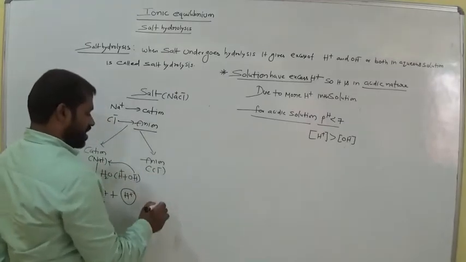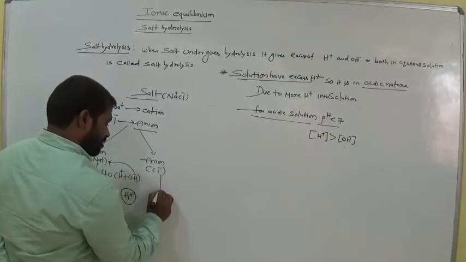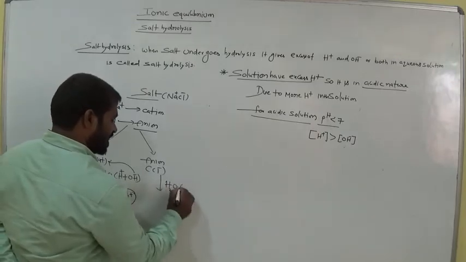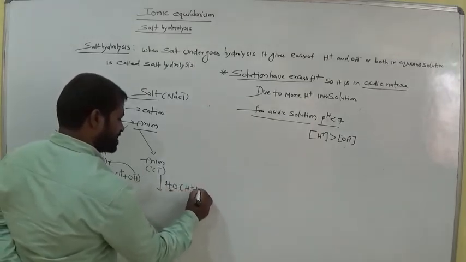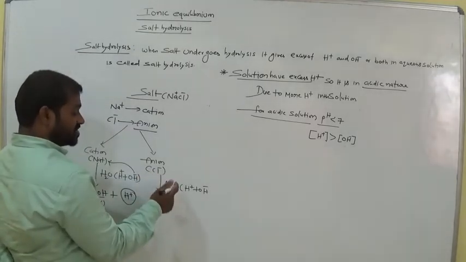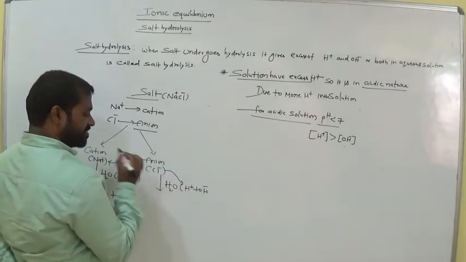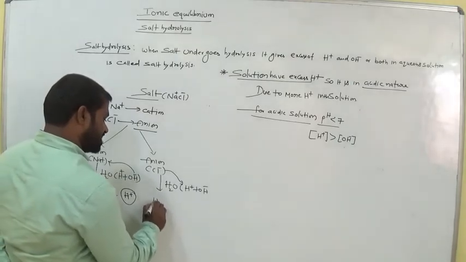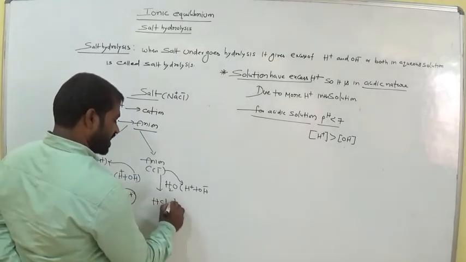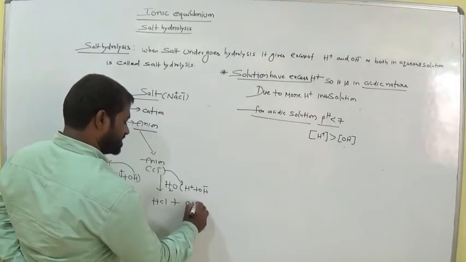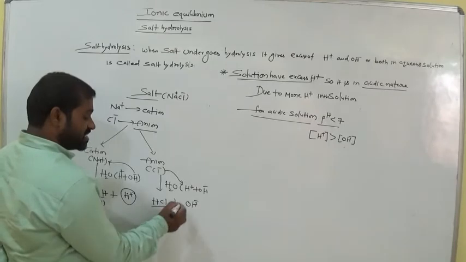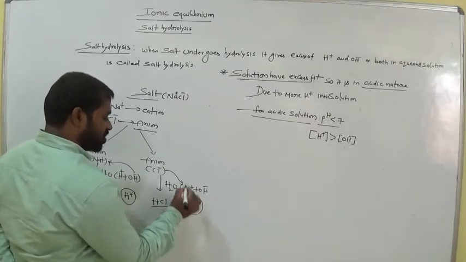Now come to the anion. Now add water to this. What are the ions present? H plus and OH minus. This one is negatively charged, and this is positive. Now the negative interacts with the positive, and it gives HCl. And what about the remaining one? OH minus. Now this is an acid, and along with this acid the solution consists of more OH minus ions.